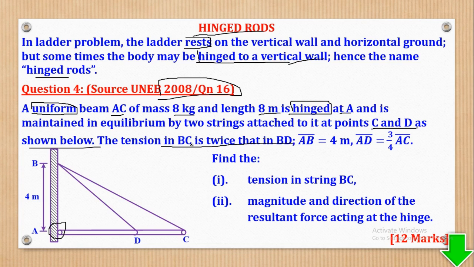So note that tension in BC is twice that in BD. AB is 4 meters, AD is 3/4 of AC. Find part A, the tension in BC, and part B, the magnitude and direction of the resultant force acting at the hinge.